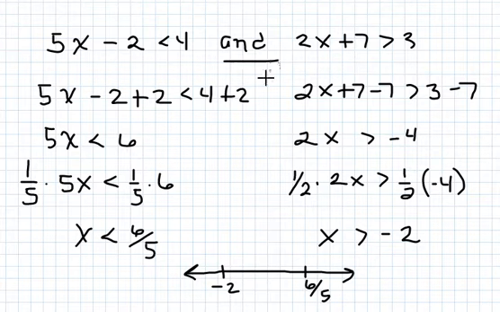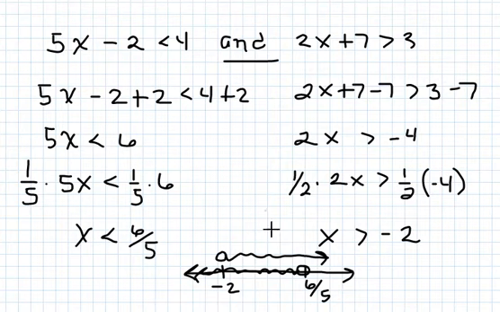Now remember, we're working with "and", so we don't want to forget that. X is greater than negative 2. It doesn't include negative 2, so we just put an open circle here. And x is less than 6/5. And write another open circle, and everything less than 6/5.